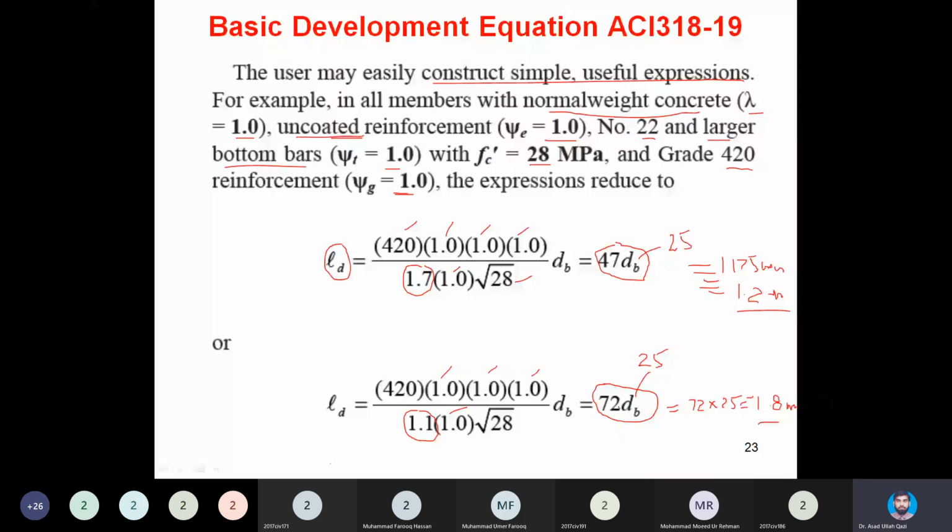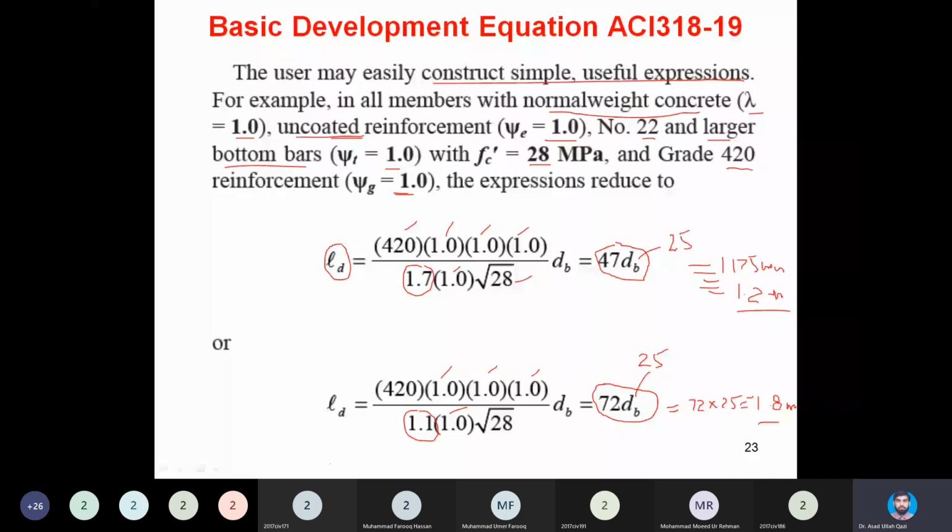In general notes on construction drawings, you will find that designers normally write such expressions so that the site engineer can use such equations to check the length of development, and then during execution it will be easier to handle the zones of development and the confinement and covers that are important and must be implemented, because in the background, in calculating them, the designer has actually selected some spacing and cover requirements.